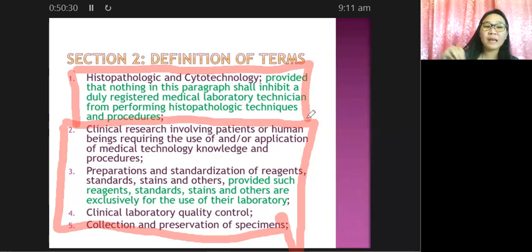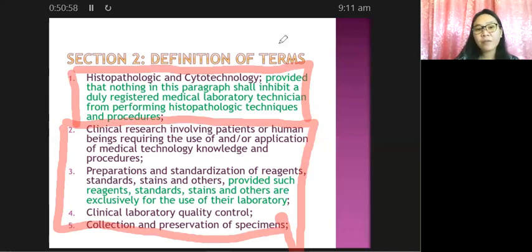Because histopathologic and cytotechnology procedures may be performed by a laboratory technician. Nakuha? It's not only your medical technologist alone. It's not exclusive to medical technologists. It may also be performed by medical laboratory technicians. So it removes the exclusivity.